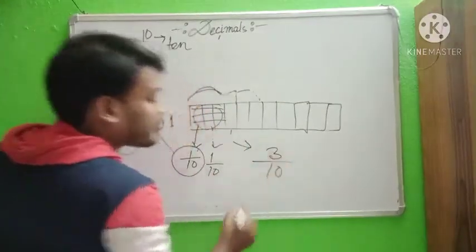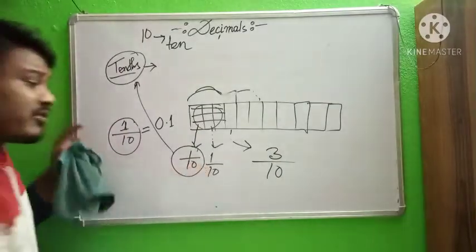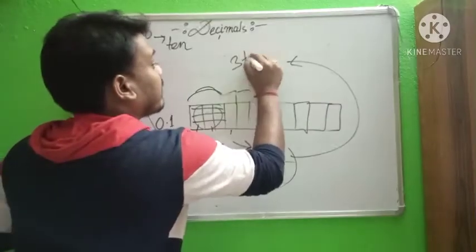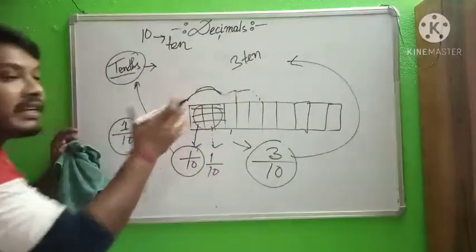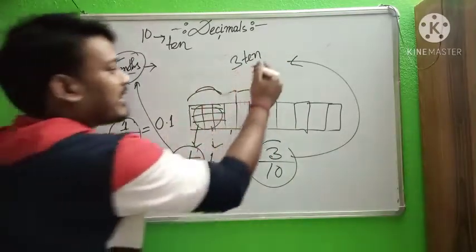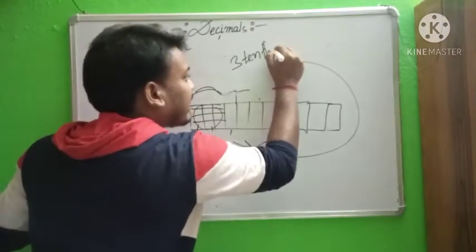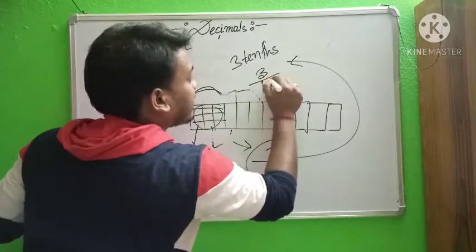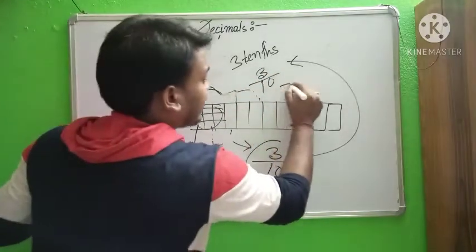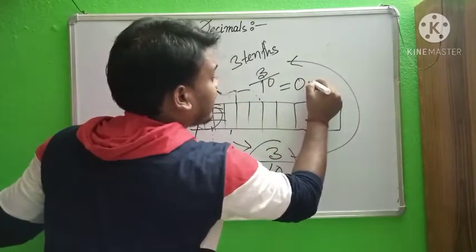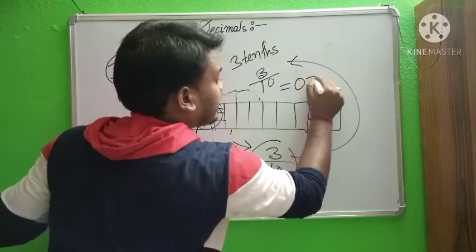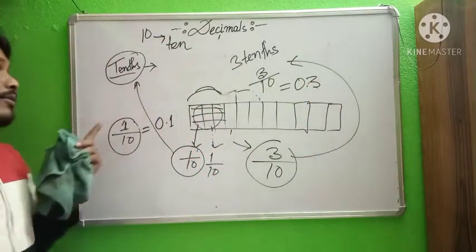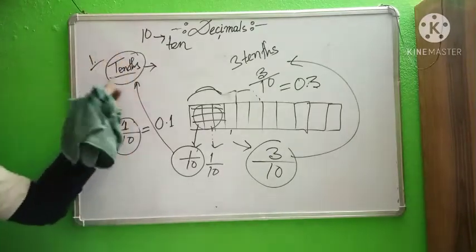So 3 by 10, and it is called three tenths. In decimal it is written 0.3.